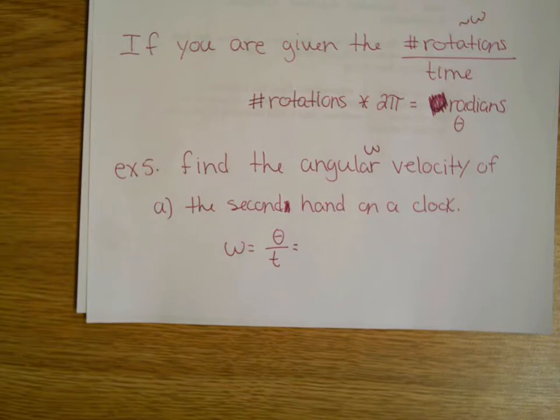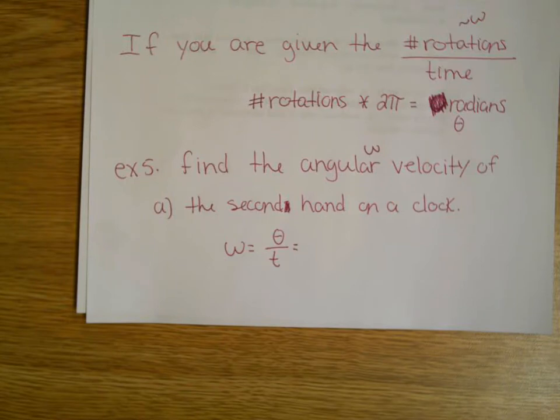If I asked you, how long does it take the second hand to pass through 90 degrees? 15 seconds. Okay, so we could turn that into a velocity. 90 degrees takes 15 seconds, so I could divide 90 by 15 and get degrees per second. Easy. That's an angular velocity, except we want radians.